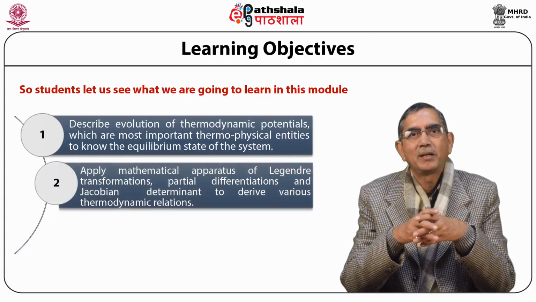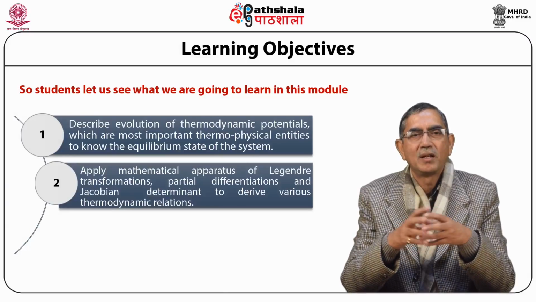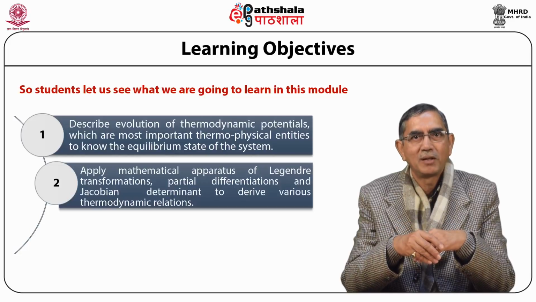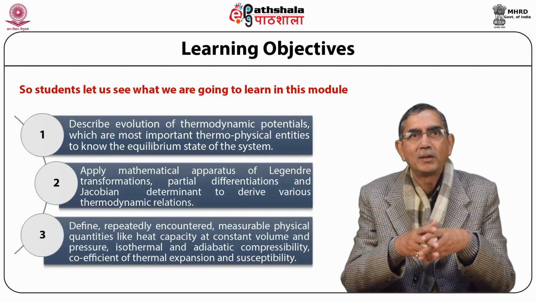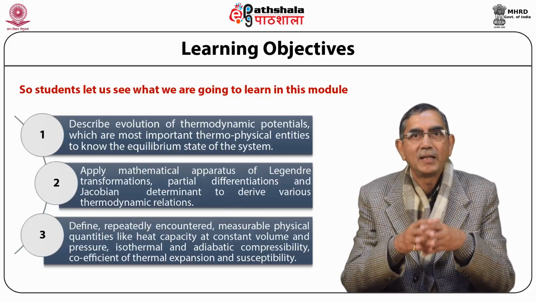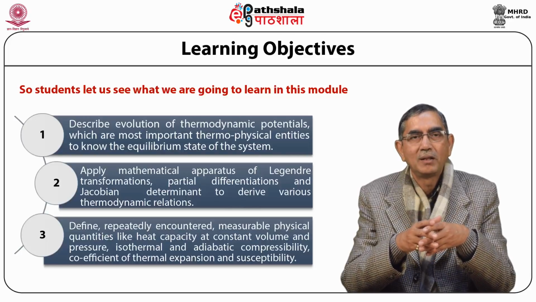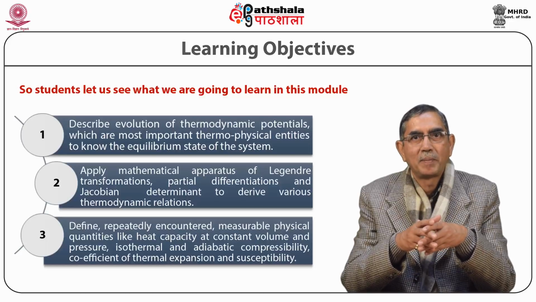Apply the mathematical apparatus of Legendre transformations, partial differentiations, and Jacobian determinant to derive various thermodynamic relations. Define repeatedly encountered measurable physical quantities like heat capacity at constant volume and pressure, isothermal and adiabatic compressibility, coefficient of thermal expansion and susceptibility.